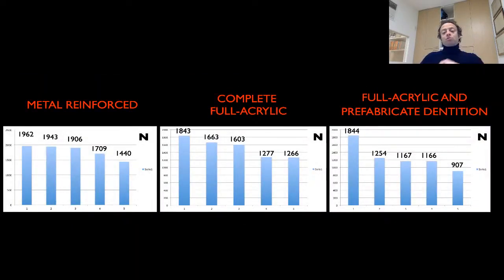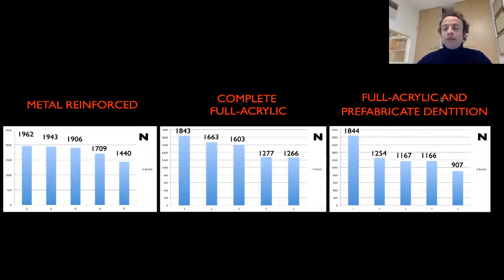And it was nice to observe how, of course, the metal reinforced achieved the highest performance. They withstood 1,400, 1,700, and up to almost 2,000 Newton. With complete full acrylic, we have a more heterogeneous result, ranging from 1,800 to 1,200.